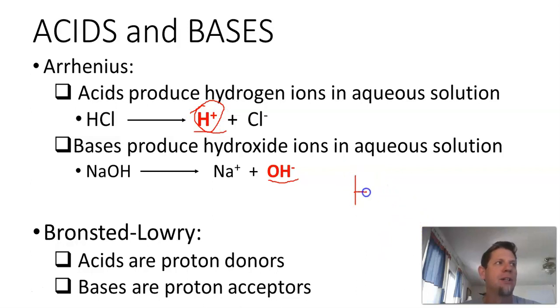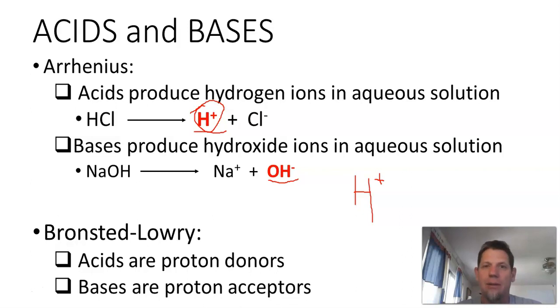So if I have a hydrogen atom, what is a hydrogen? Well, hydrogen has one proton and one electron. If we remove the electron and all we have is a proton, then we have a hydrogen ion. So to be a proton donor, it means that it is producing an H+ ion in the solution.